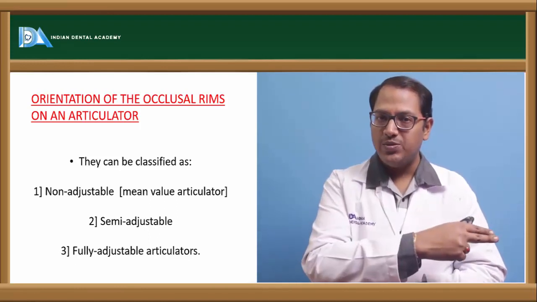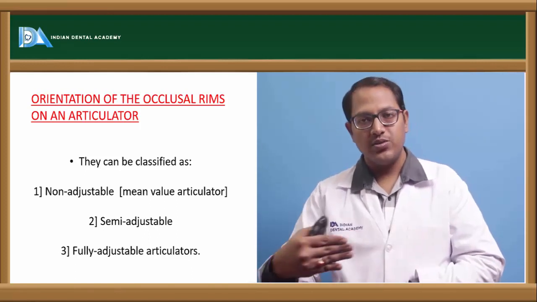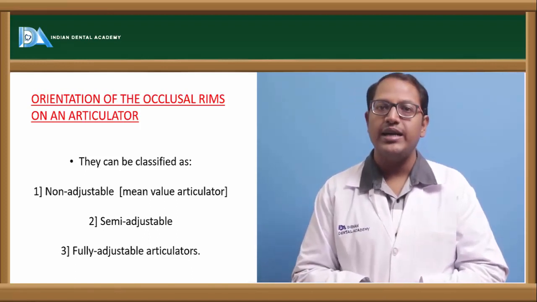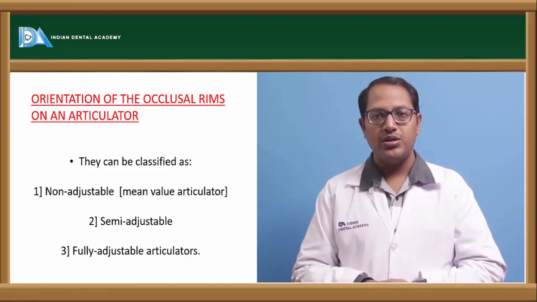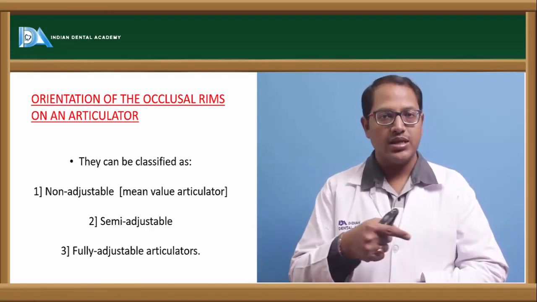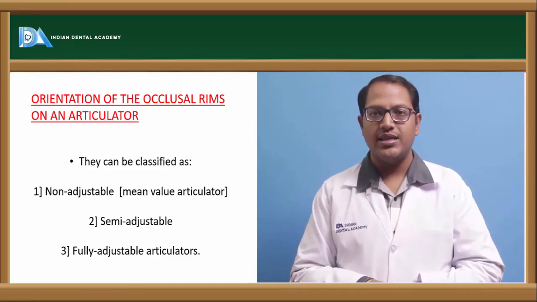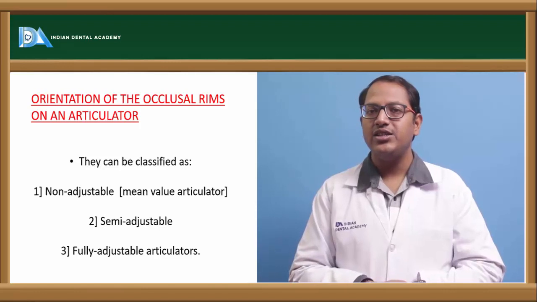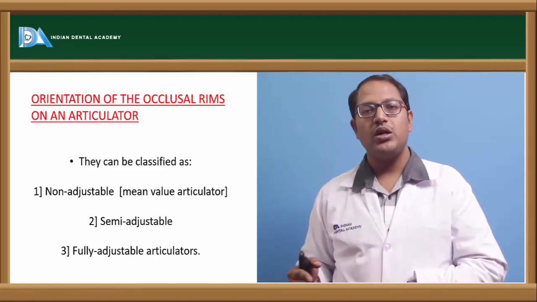So from one cuspid eminence through the incisive papilla to the other cuspid eminence is a straight line, called the CPC line. That line should be extended down the cast in the land area, also in the articulator area. Then the second line should be from the cuspid eminence along the middle of the ridge.